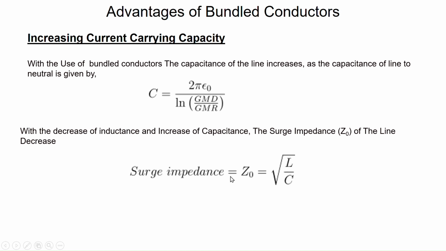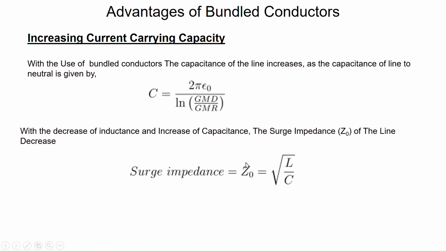Surge impedance is inversely proportional to C, and surge impedance is directly proportional to inductance. Inductance gets decreased with the use of bundled conductors, and the capacitance gets increased. Net is that the surge impedance gets reduced.